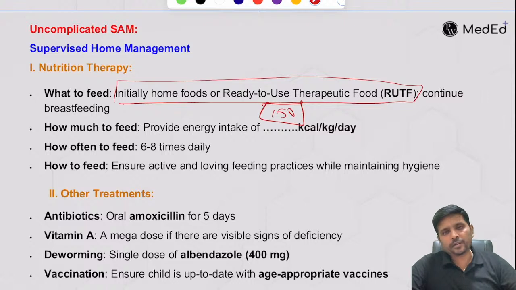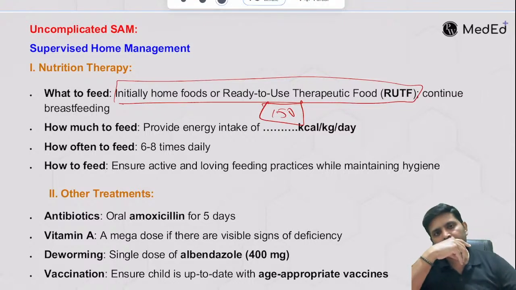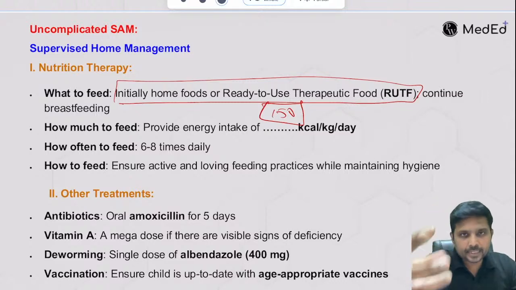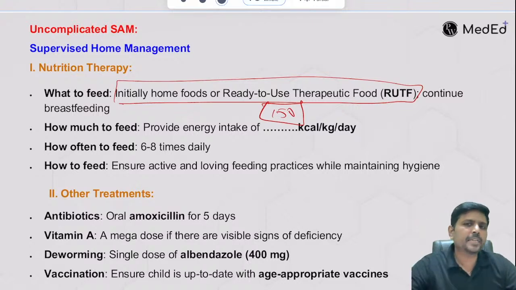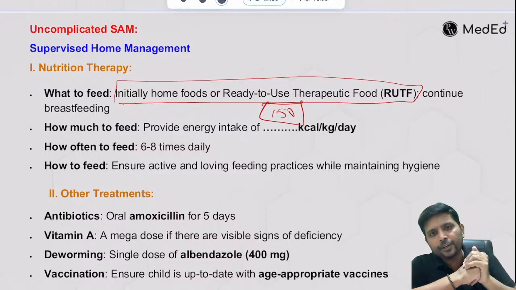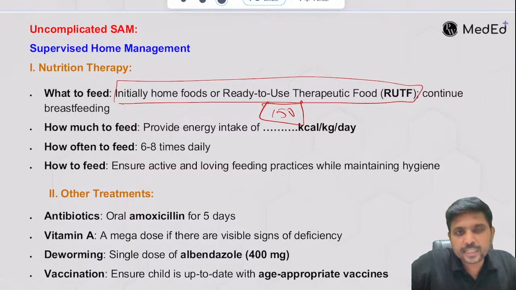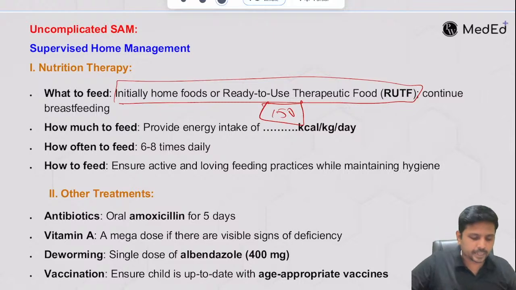Ready to use therapeutic feeds have reduced water content, and can be mixed with water to make a paste and eaten. There are so many health mixes. One famous health mix in Chennai is Manna health mix. That is nothing but ready to eat therapeutic food that can be used to treat the condition because they are protein rich and energy rich.